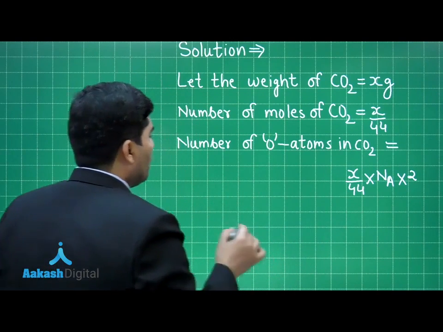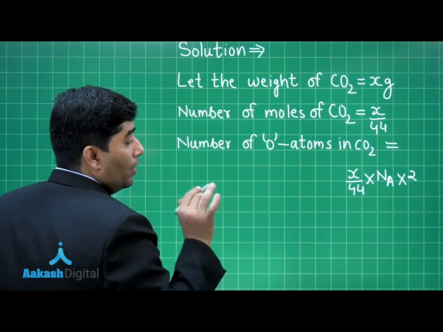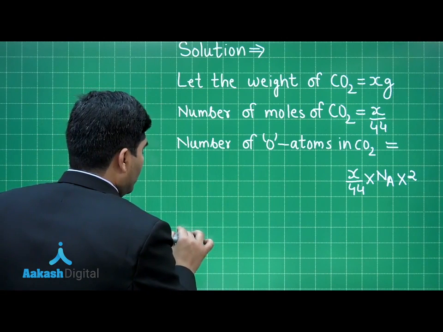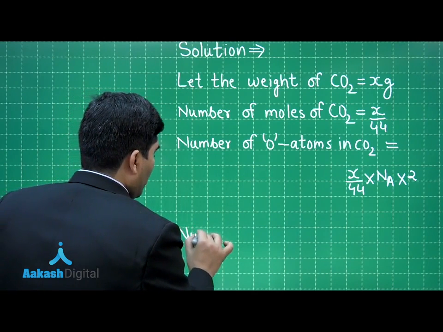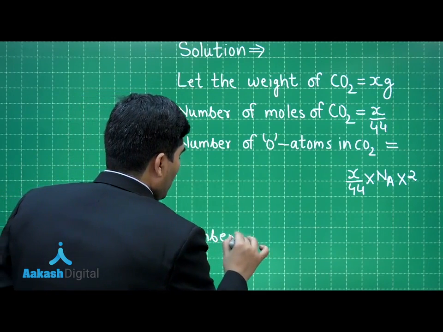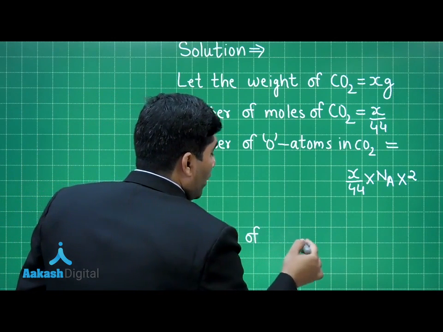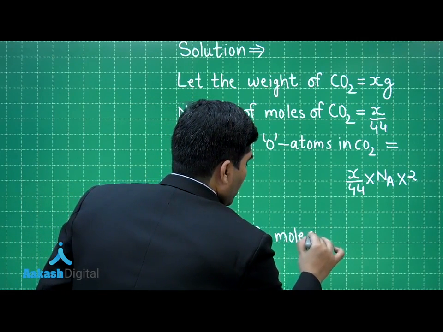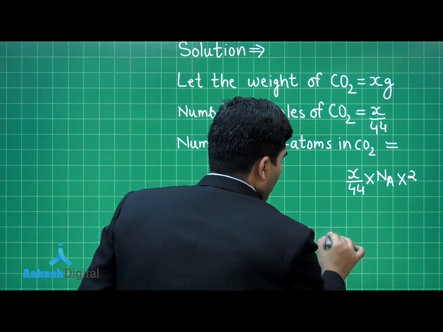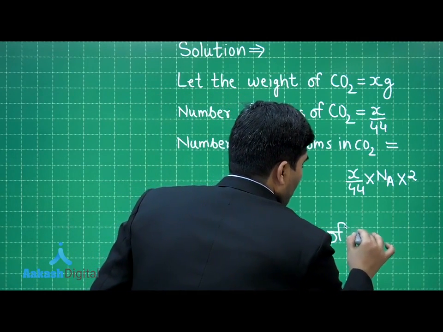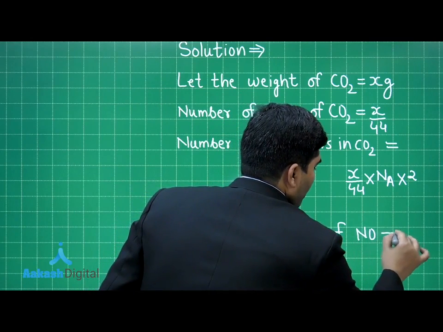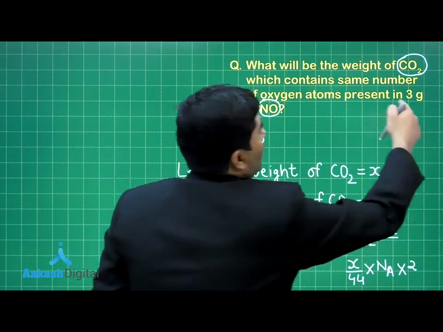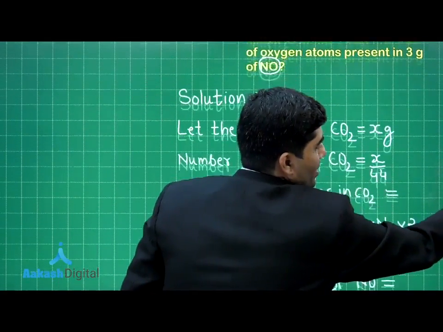Now, let's do that for nitric oxide. Number of moles of nitric oxide: the weight of nitric oxide given to us is 3 grams and its molar mass is 30.